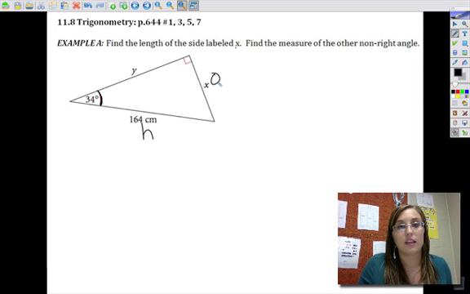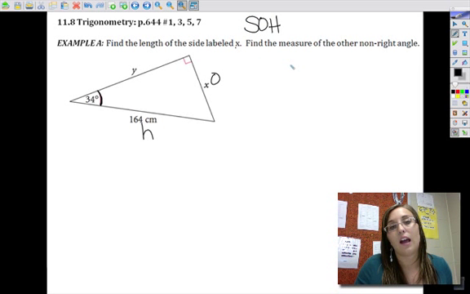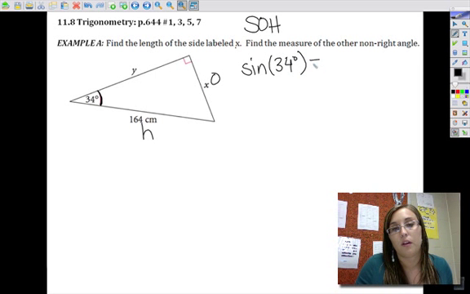So I have the opposite and the hypotenuse, and that's my SO at the beginning of my acronym. That means that I'm going to use the sine. So the sine of 34 degrees equals x over 164, opposite over hypotenuse, okay?